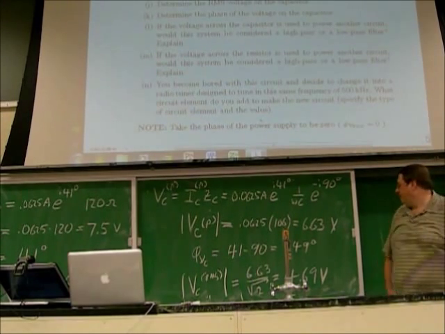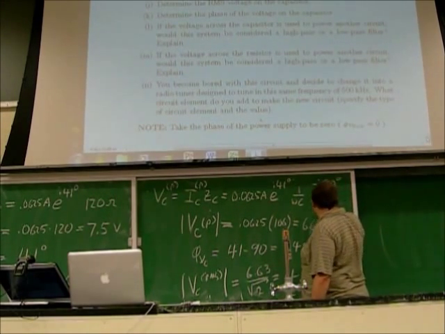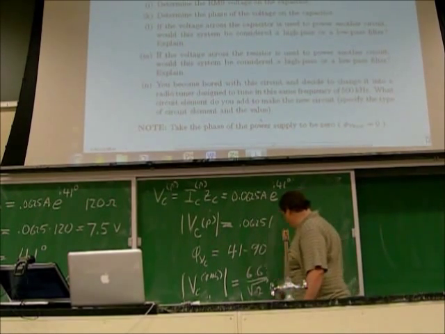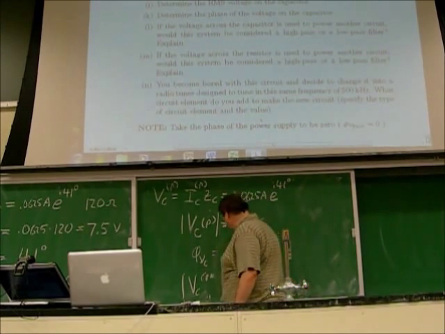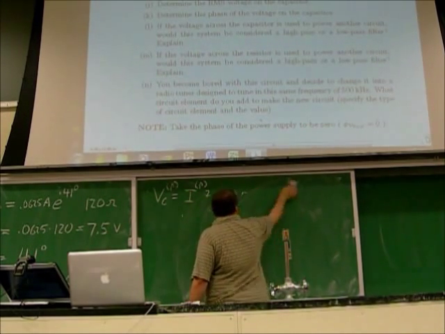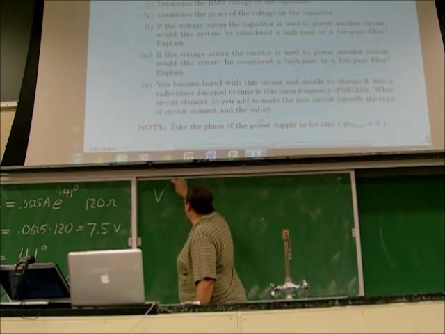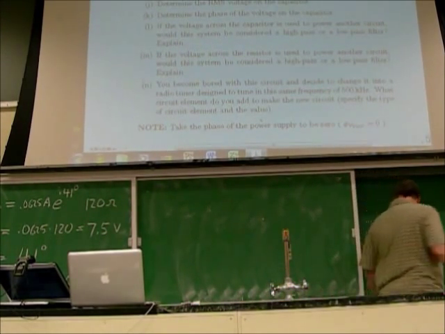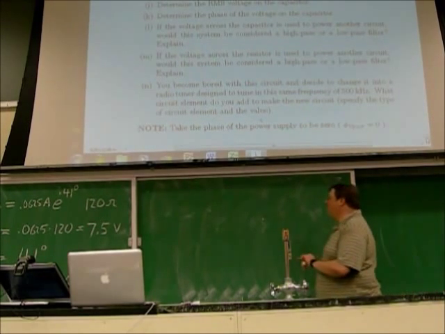However, the formula for the impedance of a capacitor, which I just erased in order to make room to write it down. Okay? You're getting punchy already.